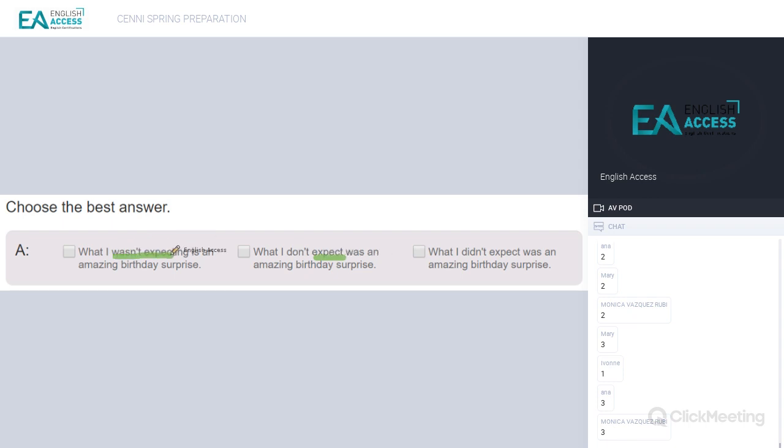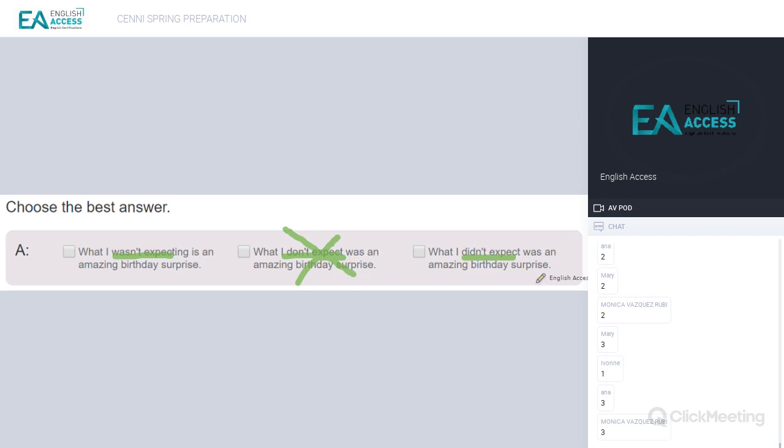Here we have it was expecting, here we have don't expect, and here we have didn't expect. And then we have, what I wasn't expecting is an amazing birthday surprise. What I don't expect was an amazing birthday surprise. First of all, this is not correct because you said don't expect and then was. It doesn't make sense. You say something in present and then you say something in past.